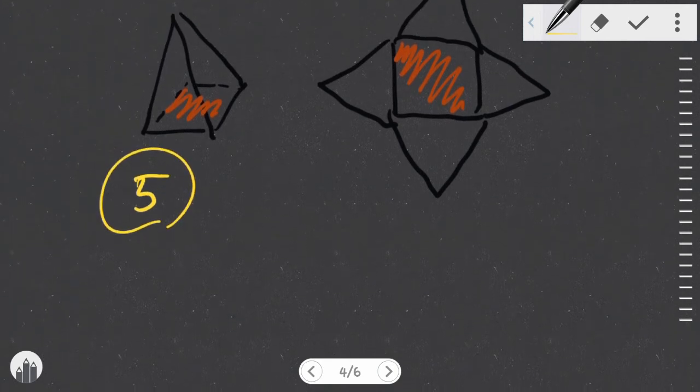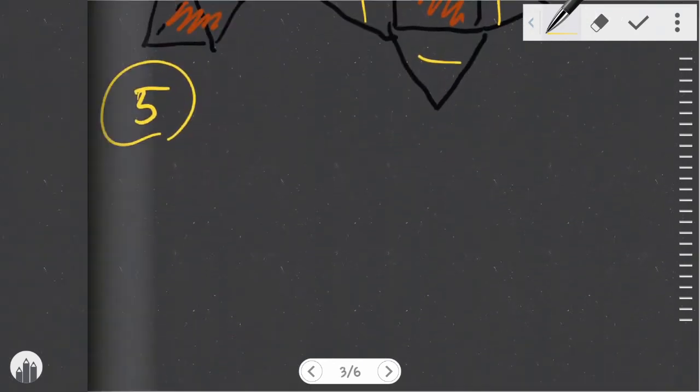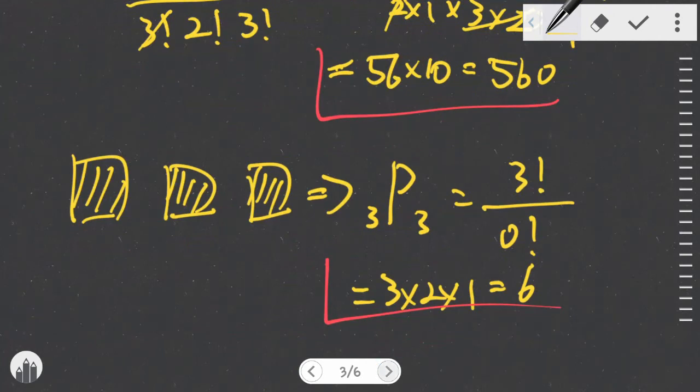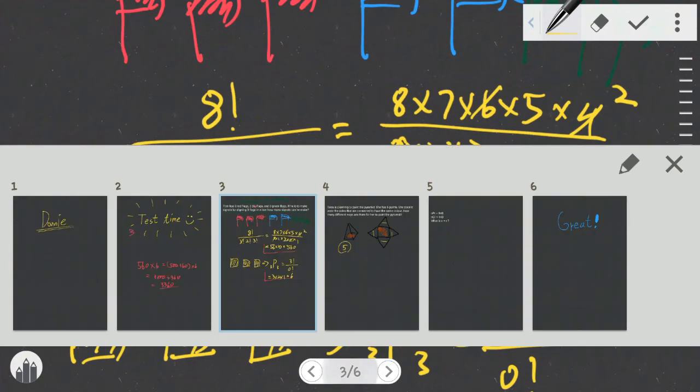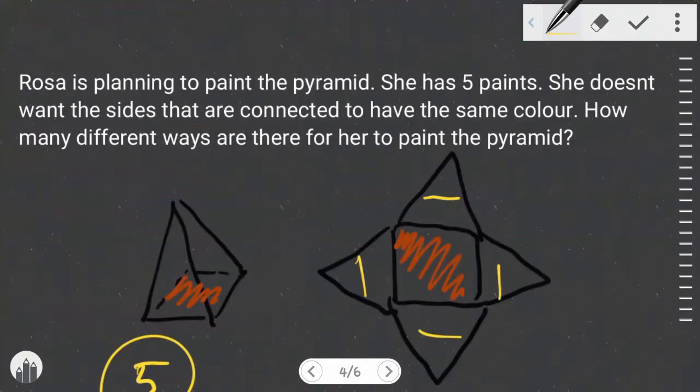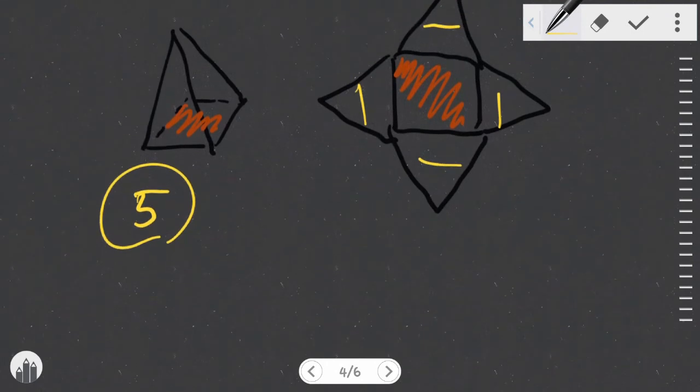Now we need to choose the color for the rest of the 4 sides. We're going to choose how many colors we can choose for the 4 sides. I hope you guys remember the equation for the circular permutation.